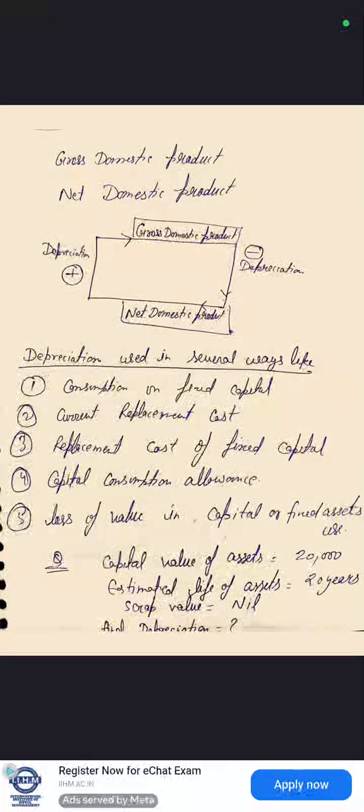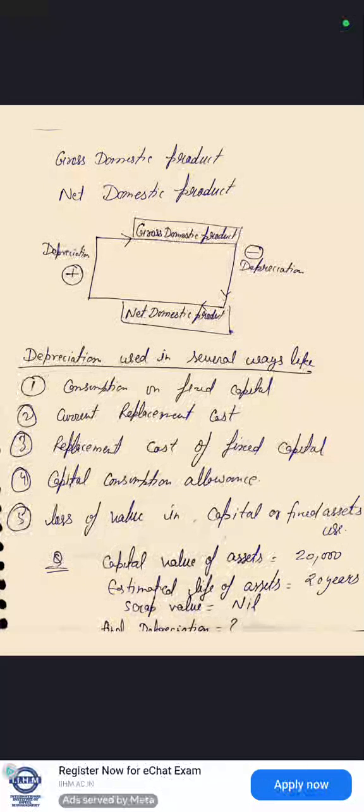Depreciation is expressed in several ways, like consumption of fixed capital, current replacement cost of fixed capital, capital consumption allowance, or loss of value of fixed capital assets used.